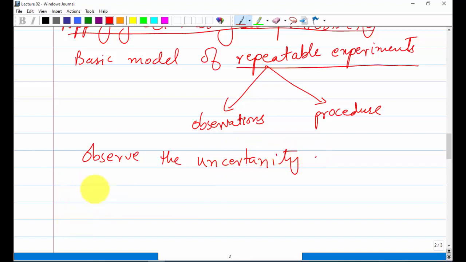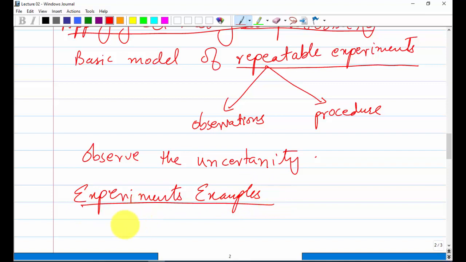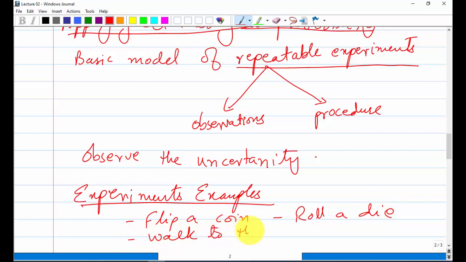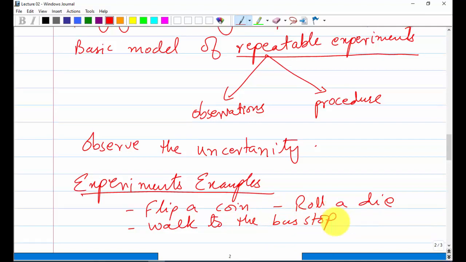So some examples of experiments could be a flip of a coin, roll a die, walk to the bus stop, and so on.